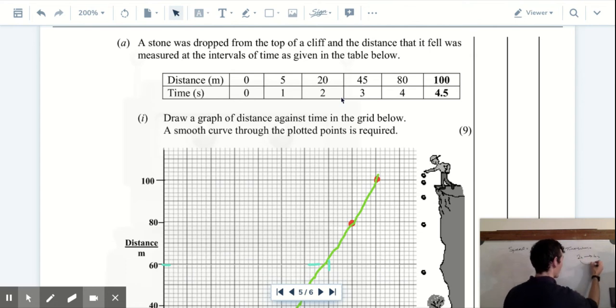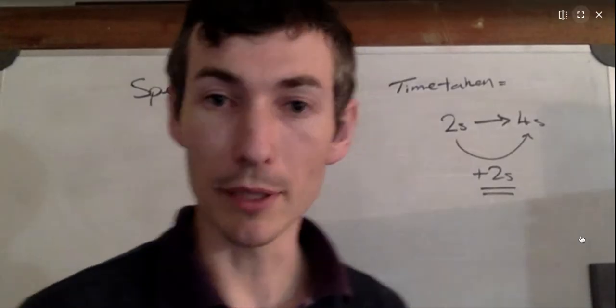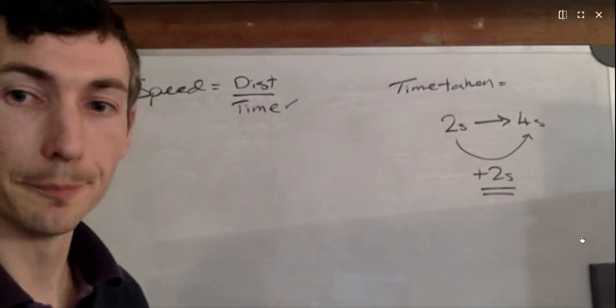Now to get from 2 seconds to 4 seconds, you need to go plus 2 seconds. So that's our time taken. Hope you can see it there now.